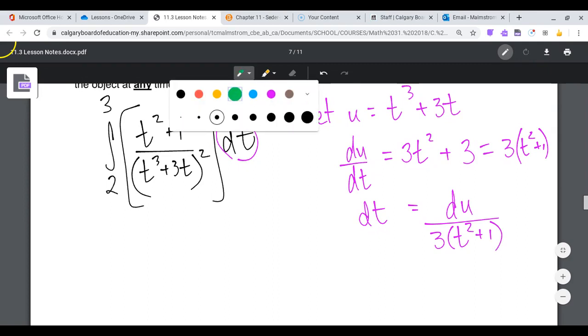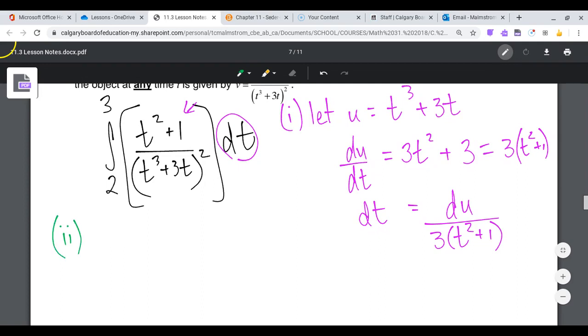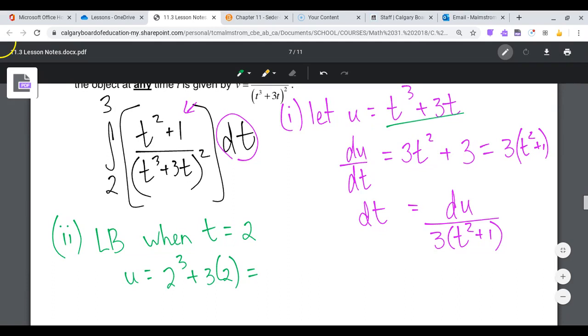And then what are my new boundaries? Okay, so my lower boundary is when t is equal to 2, what does u equal? So u was defined as t cubed plus 3t, so 2 cubed plus 3 times 2. So 8 plus 6 is 14 is my new lower boundary.